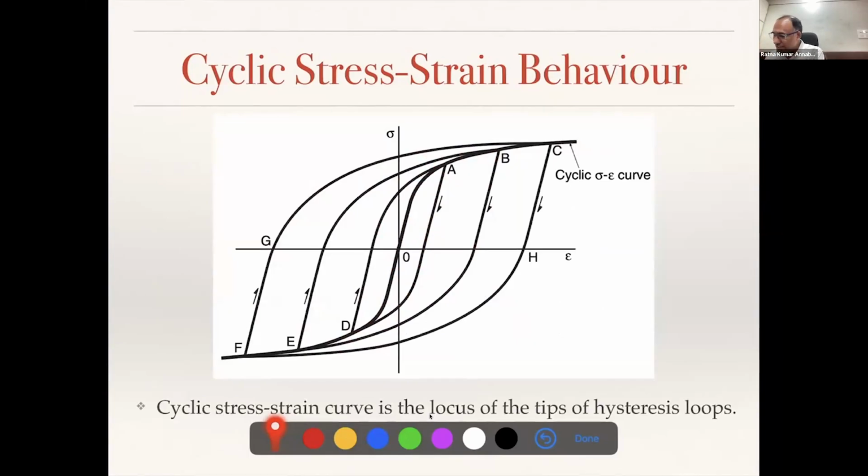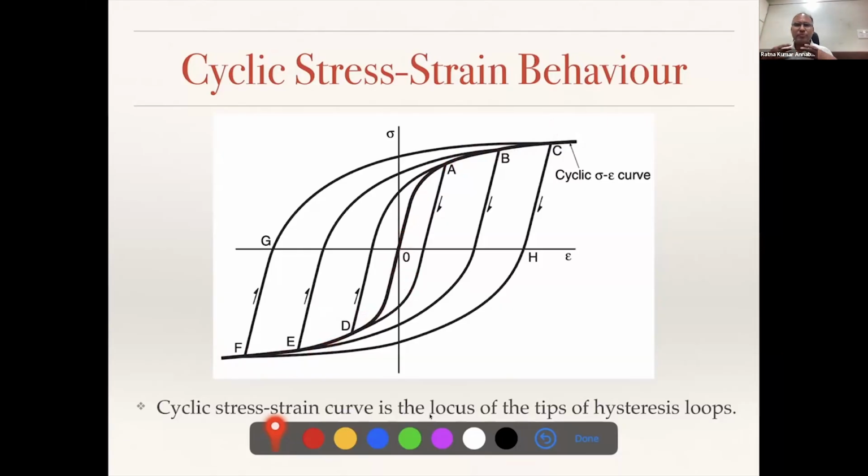Now, if you connect the lines passing through these peaks, these junctions where the reversals are happening, both in tension and compression, that line passing through the origin, O, A, B, C, D, E, is what we call the cyclic stress strain curve.